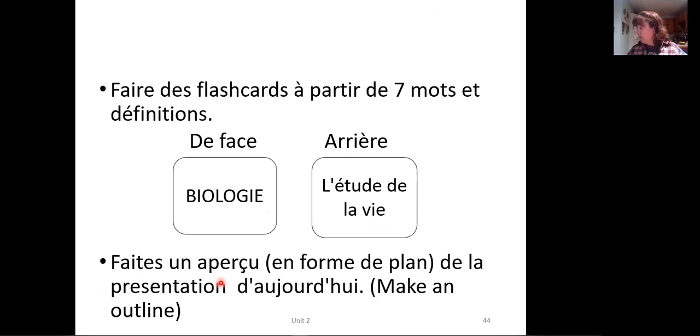I would like us to do an activity now, because this is a lot of information, and I'm going to show you a way that you can study. So we're going to make flashcards.